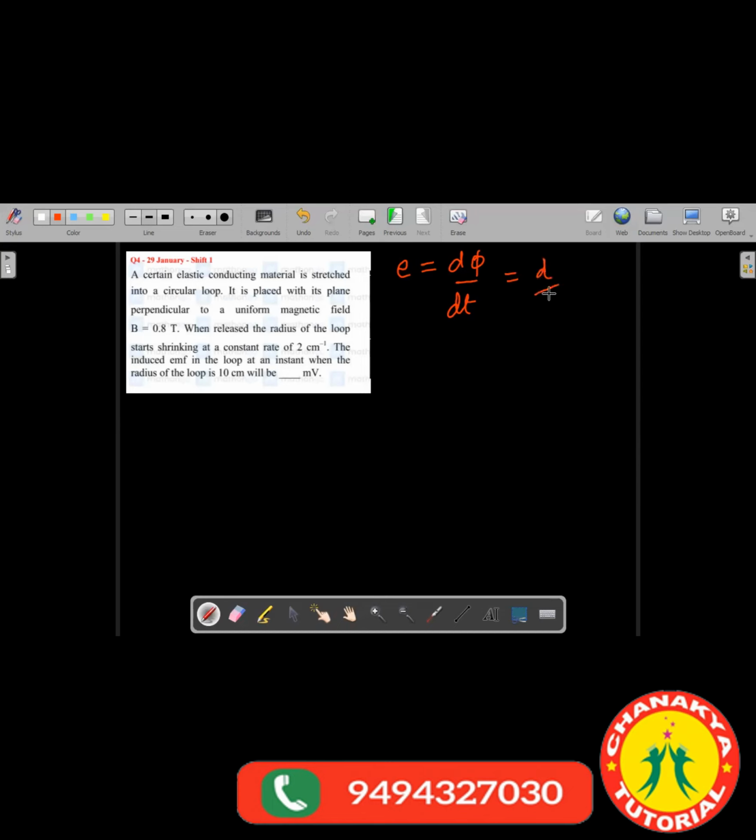So we'll write d by dt of B multiplied by pi r squared. B is a constant, r is changing, r is not a constant. So now we'll write pi multiplied by B, and you have d by dt of r squared.